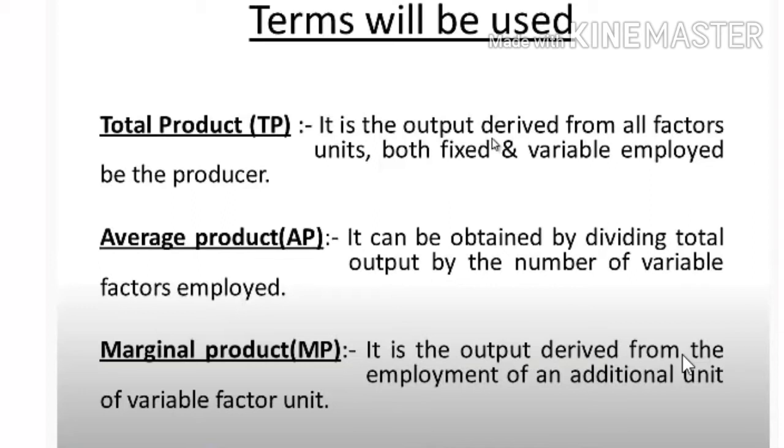That is delta TP divided by delta L, known as the marginal product.